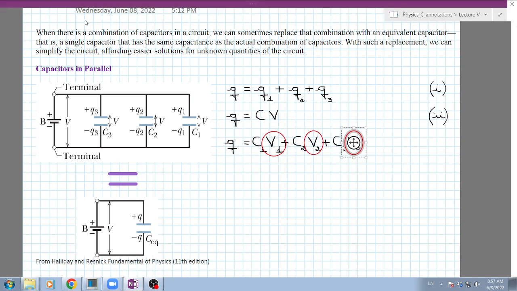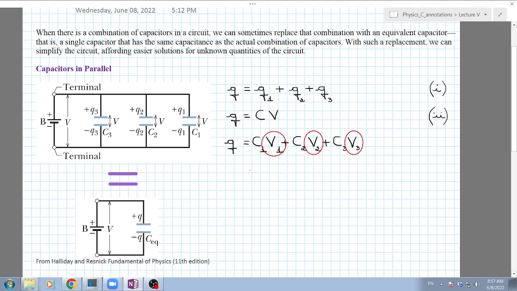You can rewrite this and put V in evidence, so you have V times C1 plus C2 plus C3.